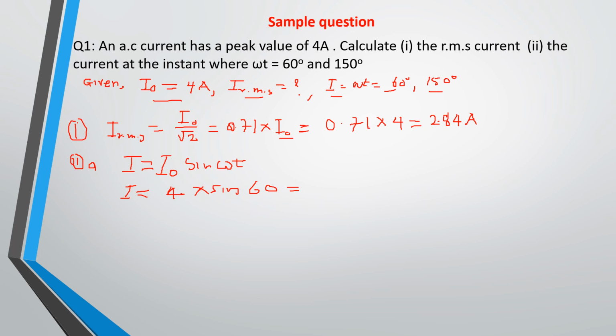Sine 60 degrees is equal to 0.8660. You can check that from your calculator. So you have 4 times 0.8660. Please work that out on your calculator.